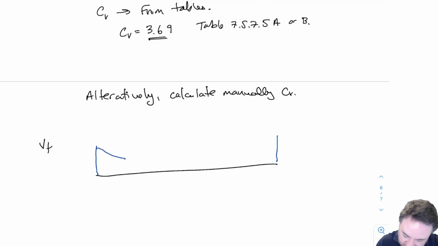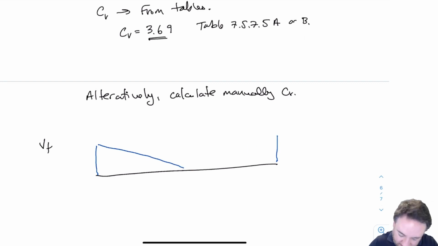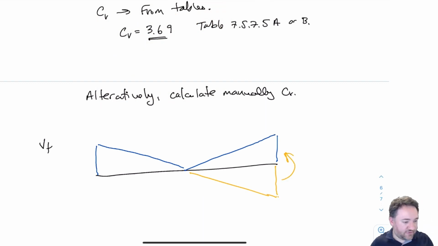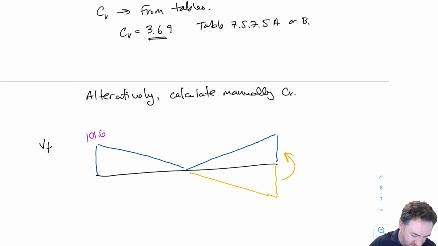So if I were to draw my shear load diagram, but the absolute value of that shear load diagram, then I would end up with something like this, right? Because usually it came like this. Okay, but I just made it positive because for the purposes of calculating CV, I use the absolute value of the shear. Okay, so I have two different segments. This was 101.6. This was 101.6, as you recall.